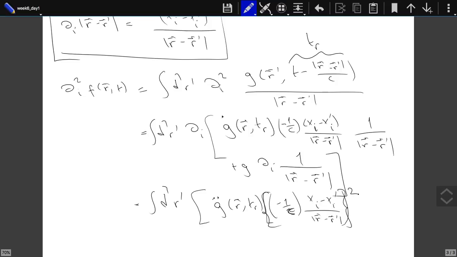There is another factor. When we are taking the second derivative of this one with respect to xi, I get the second derivative with respect to the second argument multiplied by this factor, because this is nothing but the derivative of tr with respect to xi. But I already have one factor. Now I get the second factor, so that's why I have this square over here. And then I have this term.